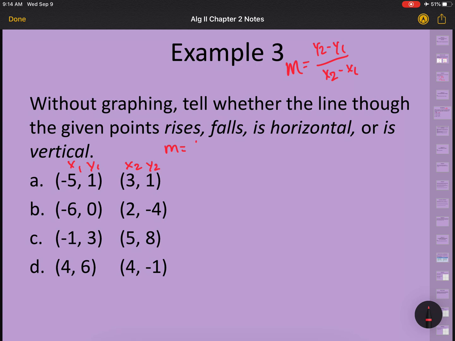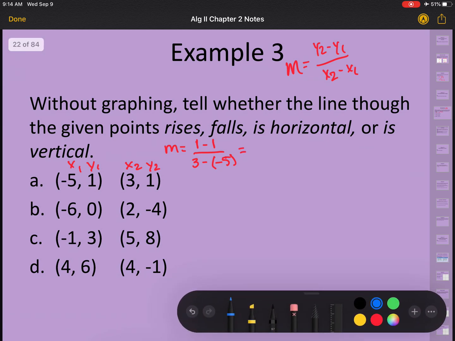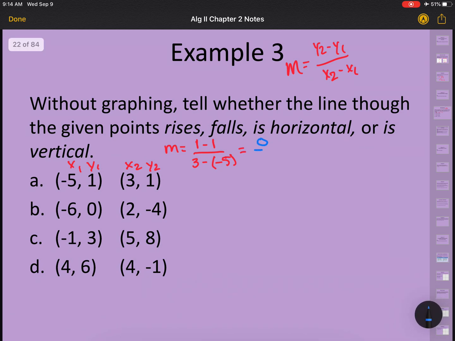Okay, so 1 is my y2, and so is my y1. x2 is 3, and I'm subtracting out negative 5. So 1 minus 1 up top, that is 0. And 3 minus negative 5, changing two negatives together, makes 8, because 3 plus 5 is 8.